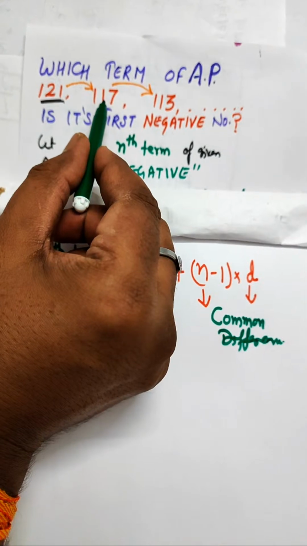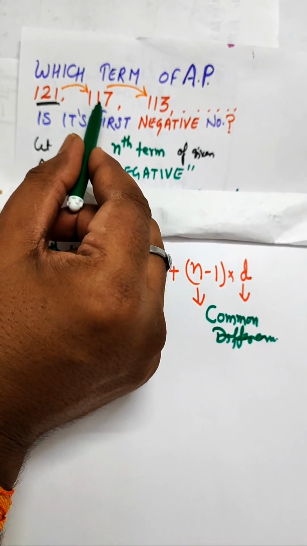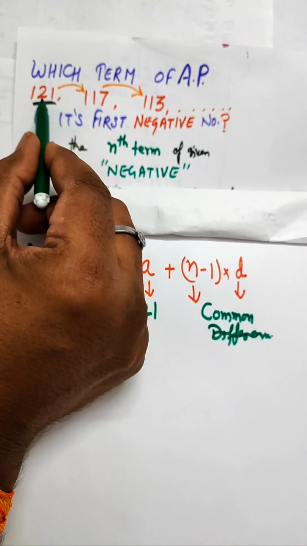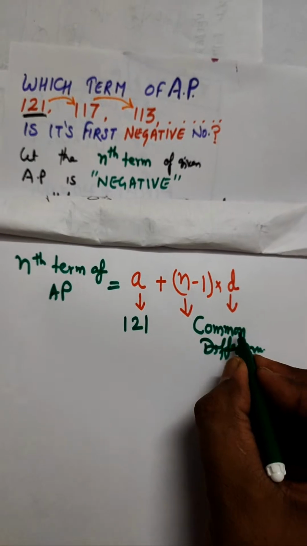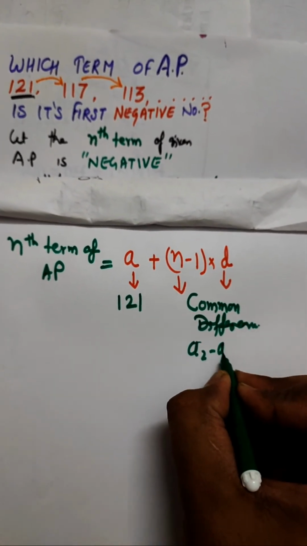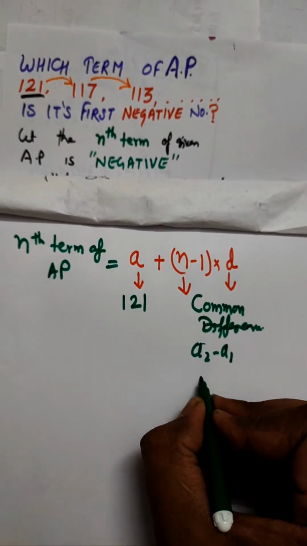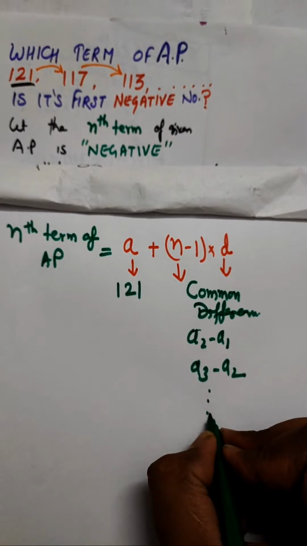Take any term and subtract the preceding term, the number which is prior to that in the series. So here the common difference is calculated as a2 minus a1 or a3 minus a2 or so on, right?